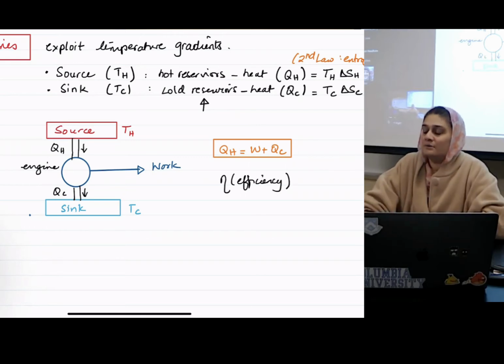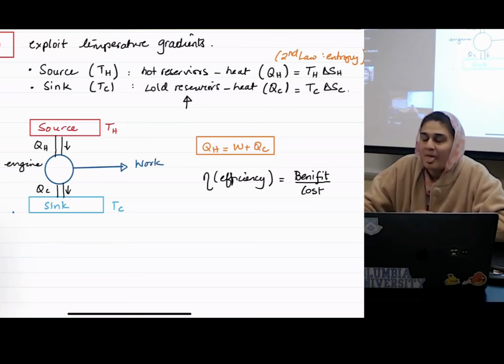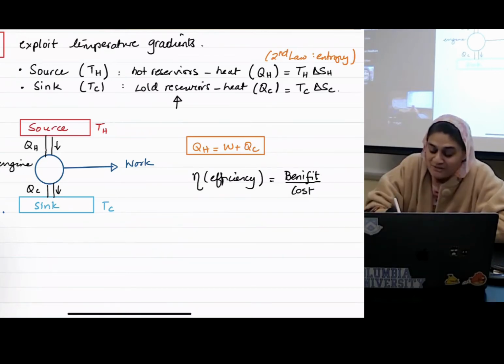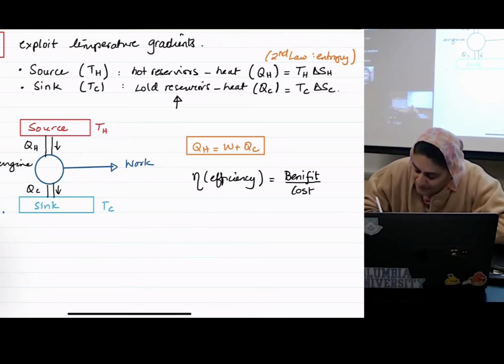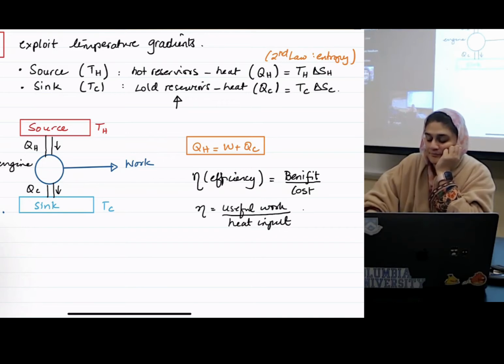How efficient are you in terms of business, benefit over cost? That's how business people look at it, right? What's my benefit to my cost ratio? In terms of thermodynamics, we call eta useful work divided by heat input. What's the symbol for work?